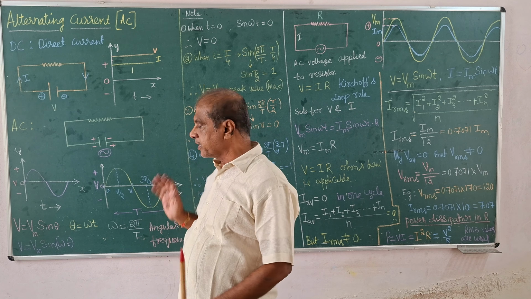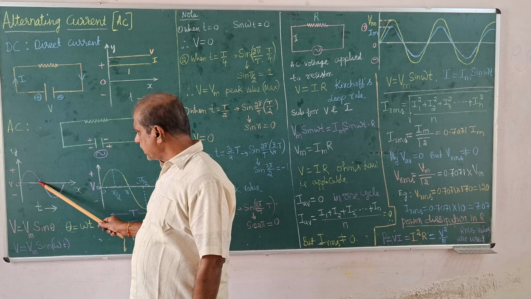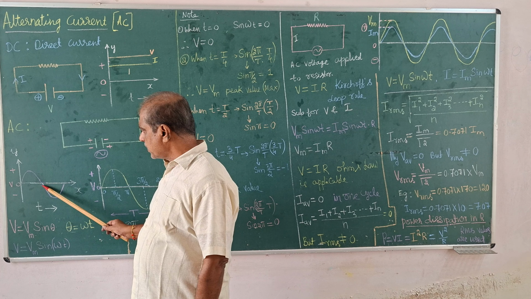How does the magnitude vary? This is the variation of magnitude of voltage. It increases, reaches the maximum, decreases. That is, it rises from 0 to the peak and drops to 0 again at this point.